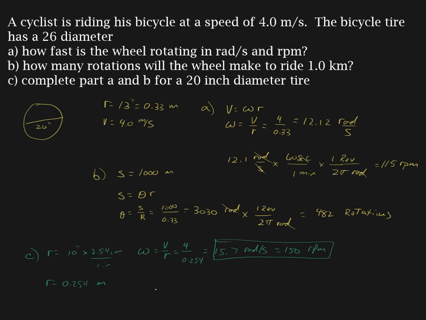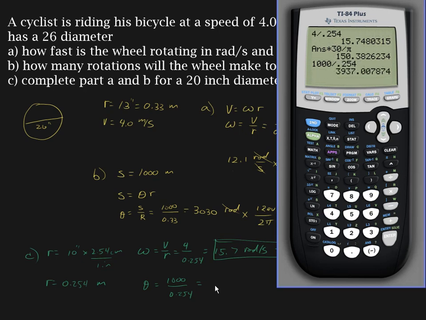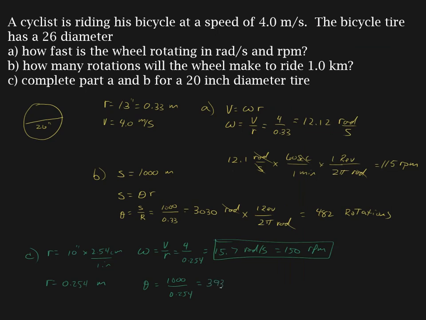And then the answer to part B of part C is again going to be the same. So theta is equal to 1,000 divided by 0.254. That's approximately 4,000, but let's see what it comes out to. 1,000 divided by 0.254 is 3,937, and that's going to be radians.